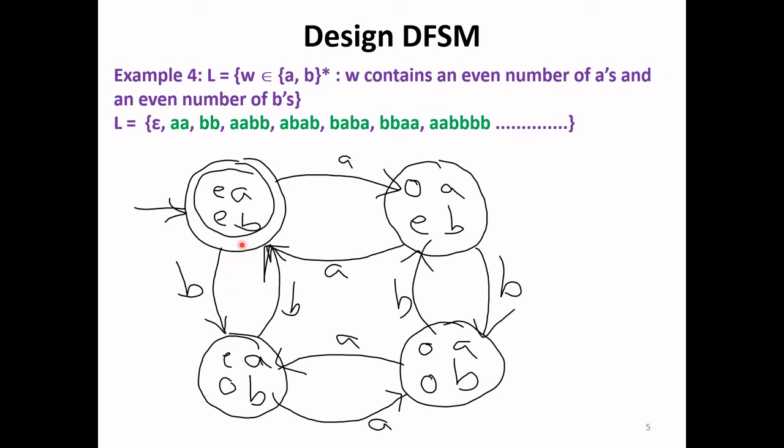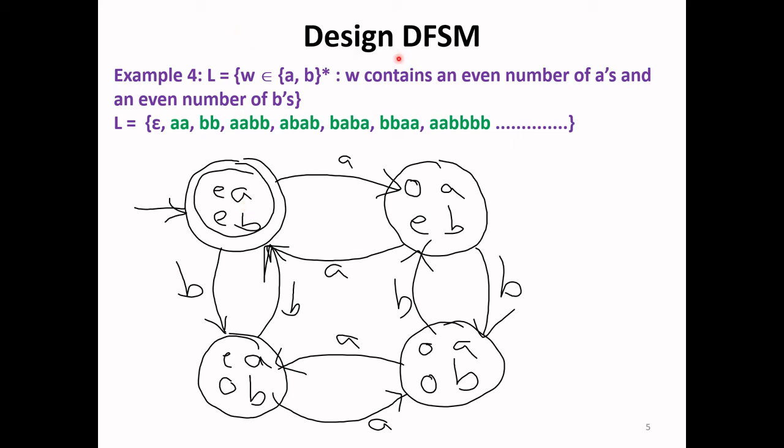BBAA, BBAA. We will take one more string, 2 A's and 4 B's. 1A, 2A is in this state. 4 B's, 1, 2, 3, 4 reaches the final state, and hence the string is accepted.